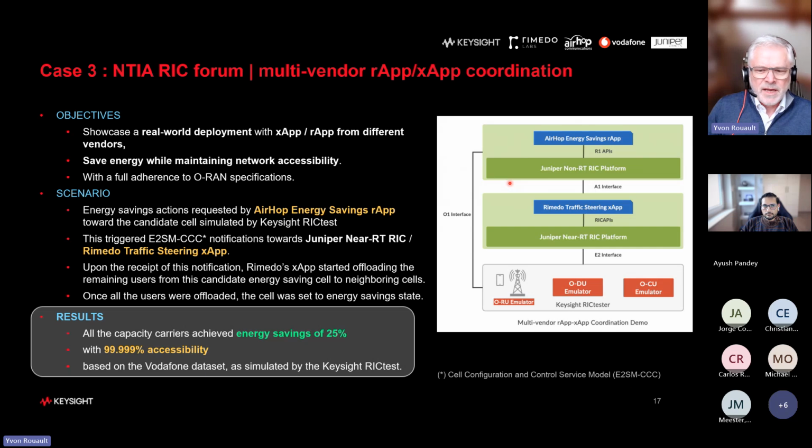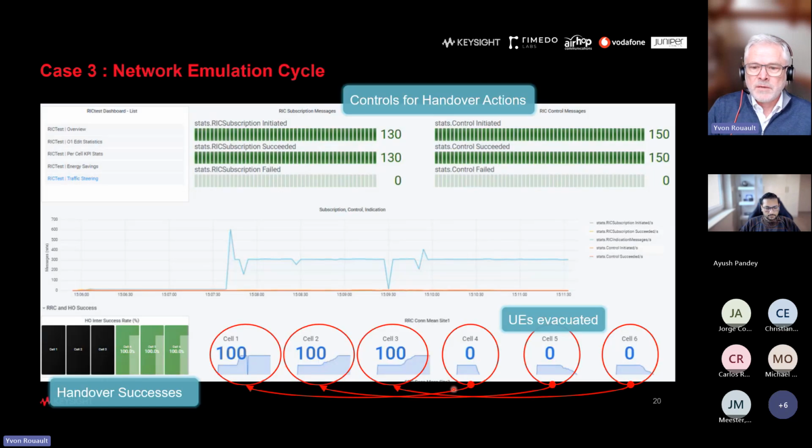But one of them is based on the cell configuration and control, which is a mechanism through the E2 interface, where it's possible for the xApp to reconfigure and have some actions on the cells. So yeah, that is true. I mean, we didn't lose any call that was visible somewhere.